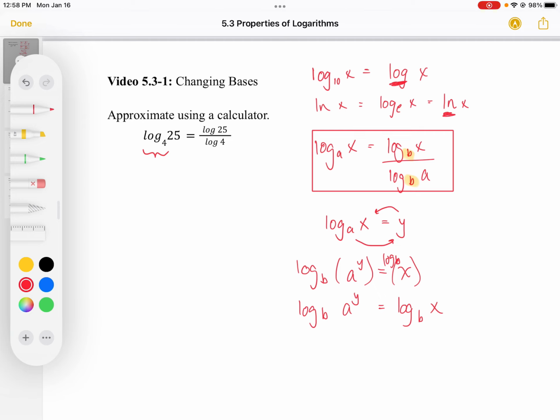We just used the properties of equality to do that. Now, there is a property of logarithms which we haven't quite looked at. We'll take a look at it in the next section: if we have the log base b of something to a power, we could rewrite that as the power times our log.